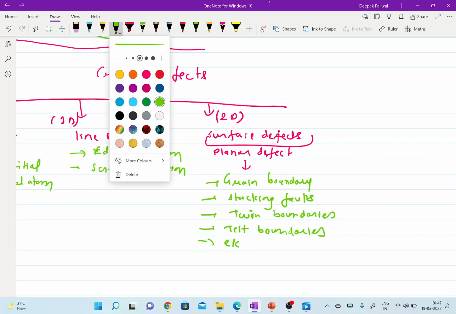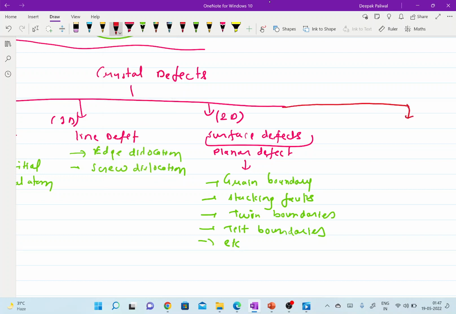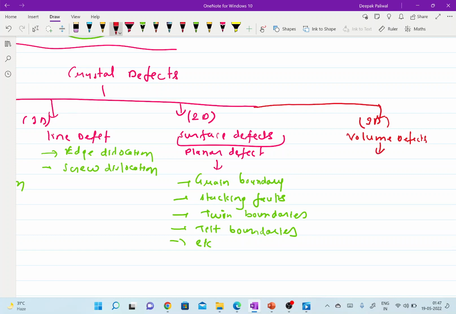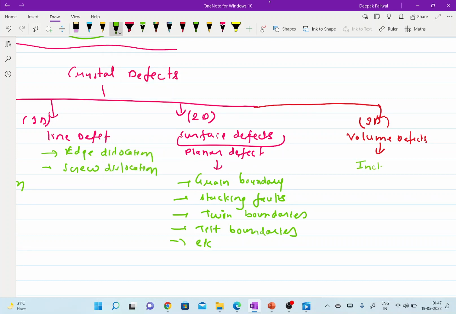Again, we have volume defects, that is 3D defect. In the volume defects we have inclusions, voids, precipitates, and so on.